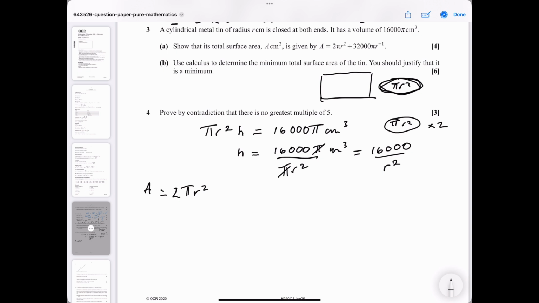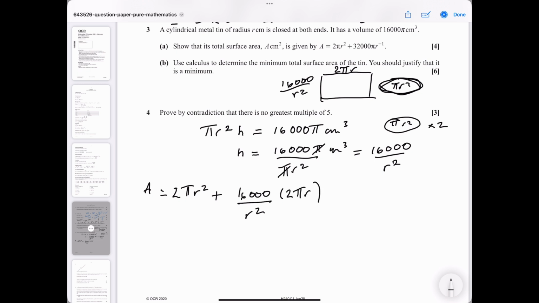The height we've already got as 16,000 over r squared, and the circumference is going to be 2 pi r. And that's plus 16,000 over r squared times 2 pi r.